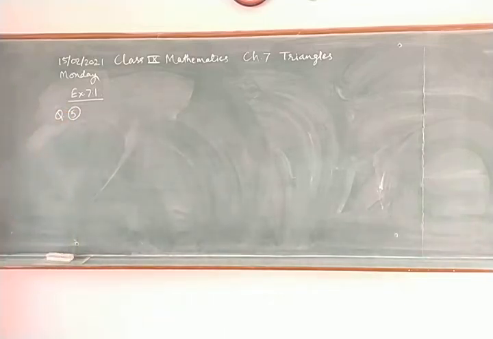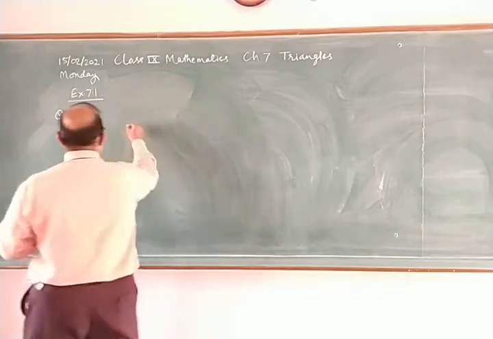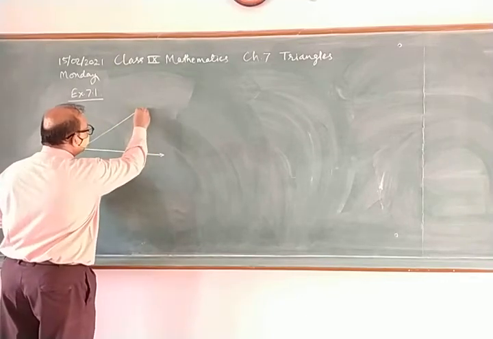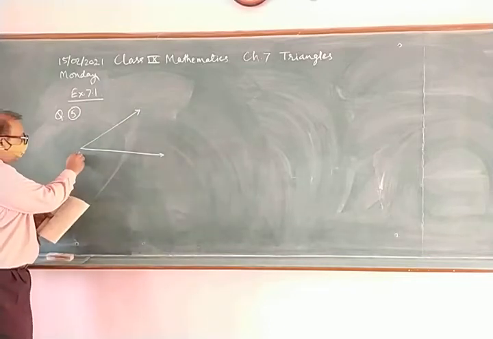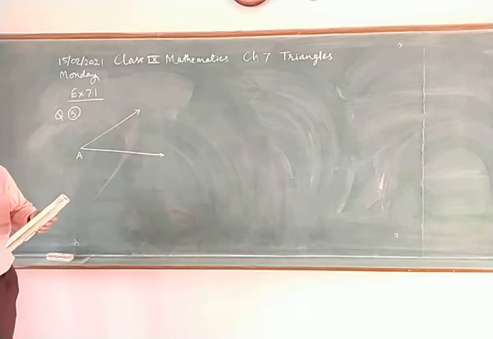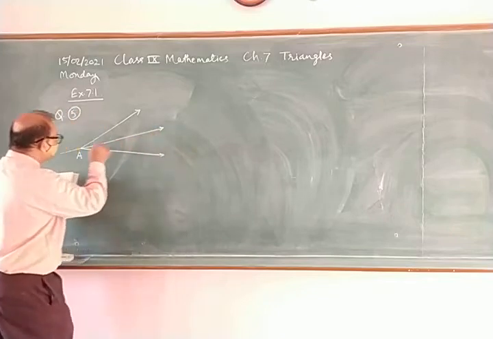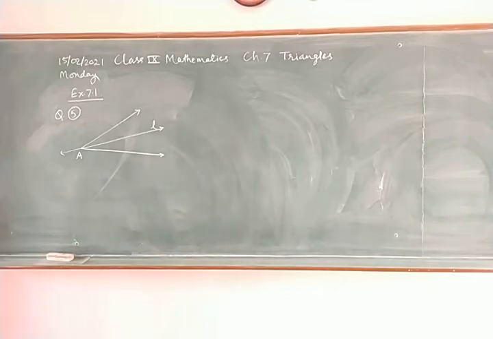Line L is the bisector of an angle A and B is any point on A. Look here. Line L is the bisector of angle A. This is angle A. And B is any point.